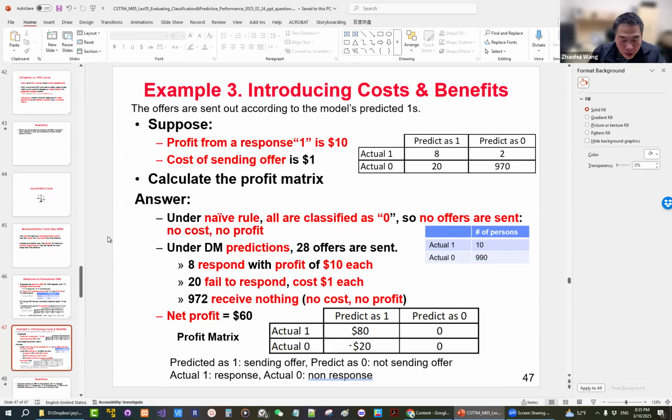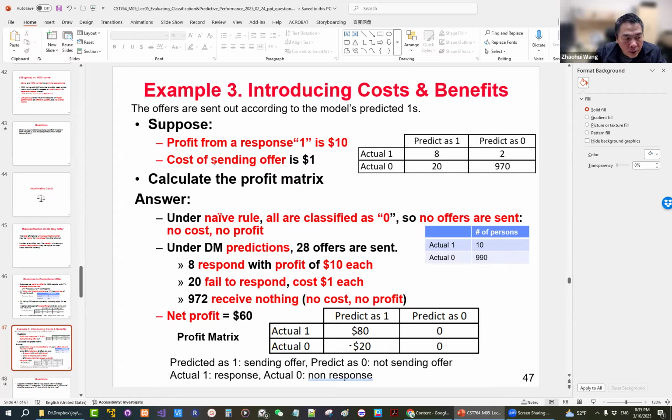Here we should apply a different strategy using cost and benefit concepts. And continuing with the previous example, we define a profit for one response to be $10.